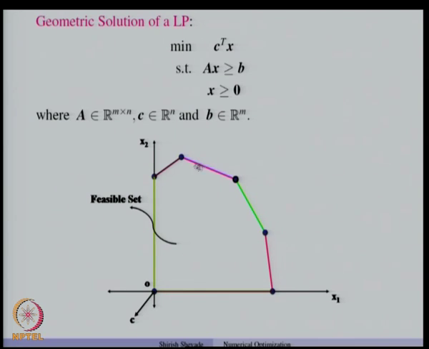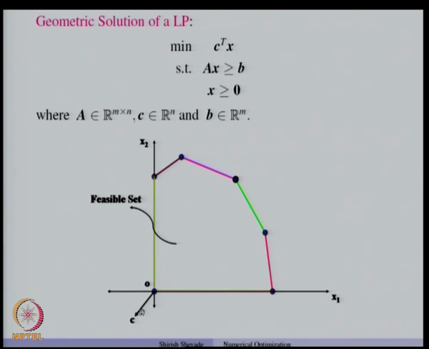The interior of this polygon is the feasible set. To avoid any clutter in the figure, I have not shown it as a shaded region, but the entire boundary as well as the interior of this polygon denotes the feasible set.